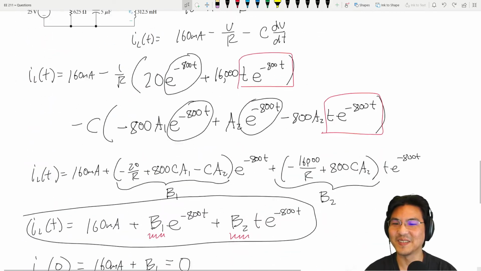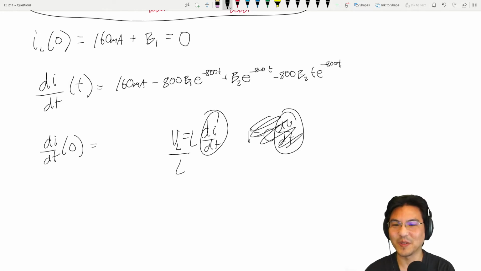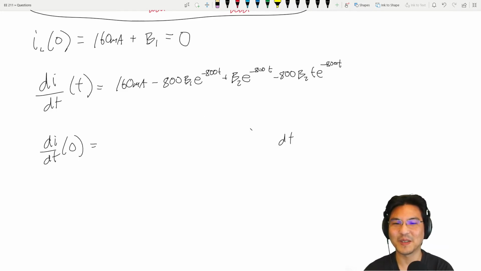So di dt at t equal to 0 is, let's move the L to this side, 20 over L. Let's write that right now.